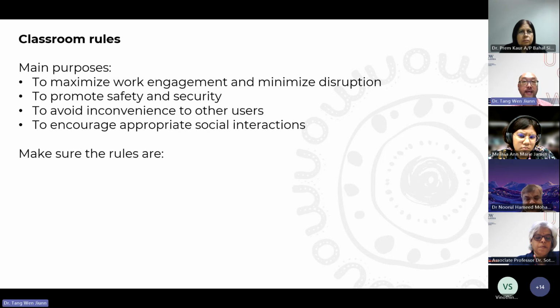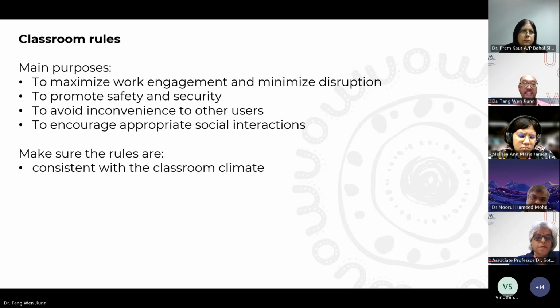When we lay down the rules, make sure they're consistent with the classroom climate. For example, if you ask them to do group discussion, you can't say do discussions quietly.